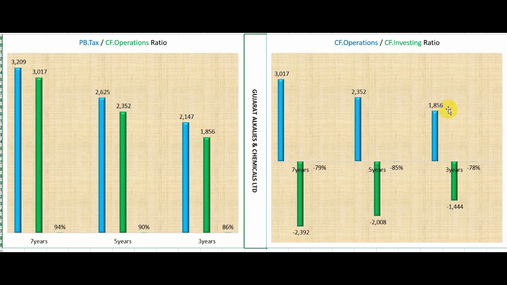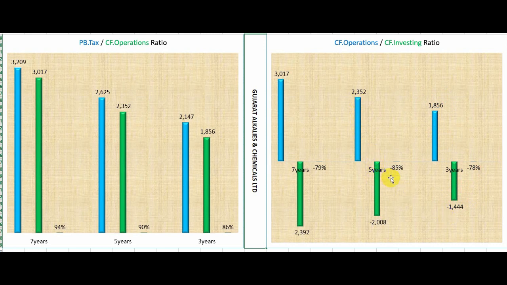Of that 1856 crores, it has invested 1444 crores either in fixed assets or done investment activity like buying of mutual funds and all those things. So that's 78%. 78% of the cash earned in the last 3 years was invested in the investing activity part.